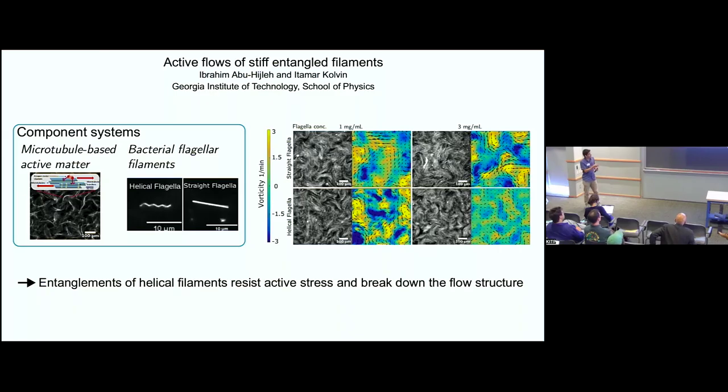What we see when we compare different shapes is that with straight filaments, the active flows progress pretty much the same at different concentrations, but with helical rods, we see a breakdown of the flow patterns. They resist the active stresses, and finally they also reach an arrested state. So I'm happy to discuss this more with you, so please come to my poster and I'll see you later. Thank you.